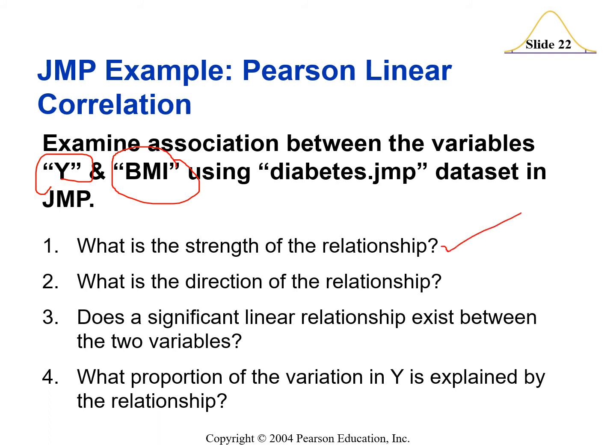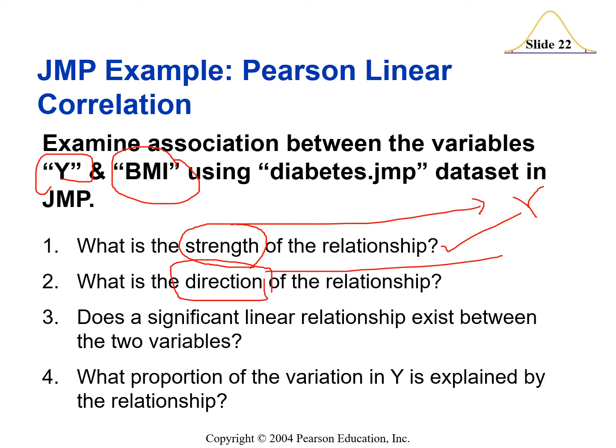To answer this, we need to compute small r, which is a measure used to measure the strength of the relation. Number two, what is the direction? The direction depends on the sign of small r, if it is negative or positive.